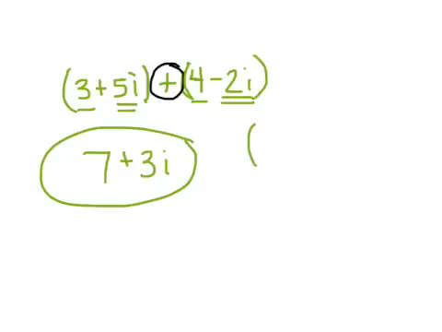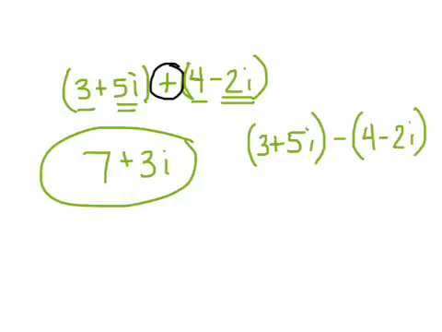If I subtract the two things, I end up doing the same type of scenario where I have 3 minus 4, which is -1, and I have 5i minus -2i. Two negatives make a positive, and I end up with plus 7i.